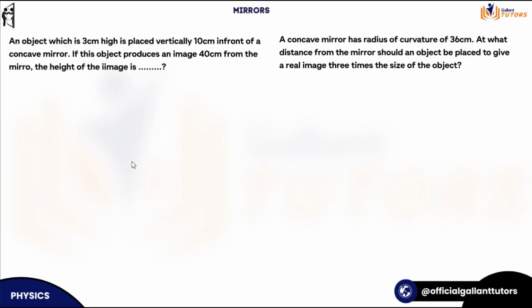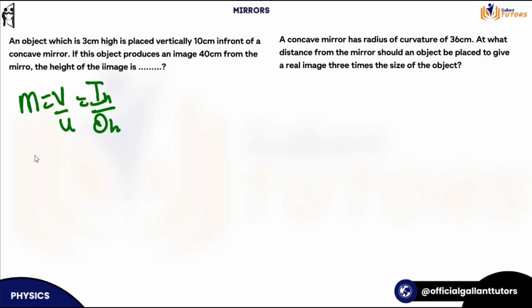Okay. Next question. An object which is 3 centimeters high is placed vertically 10 centimeters in front of a concave mirror. If this object produces an image 40 centimeters from the mirror, what is the height of the image? Very simple. I treated something related to this before. We know that M is equal to V over U, and it's also equal to image height over object height.